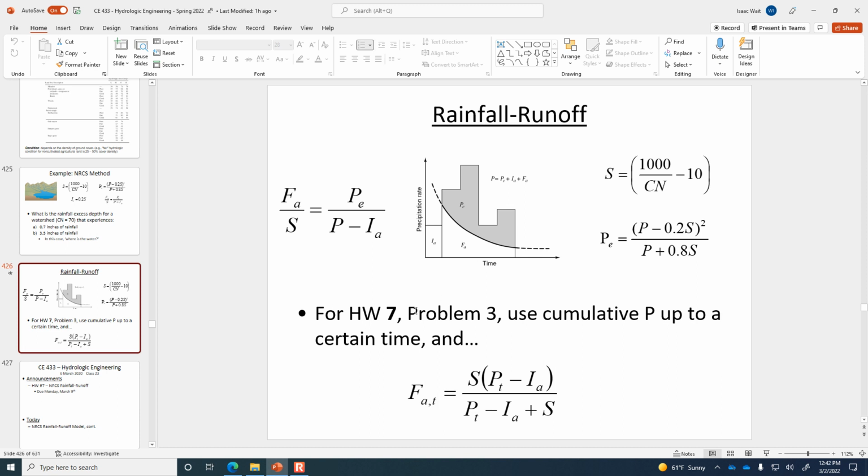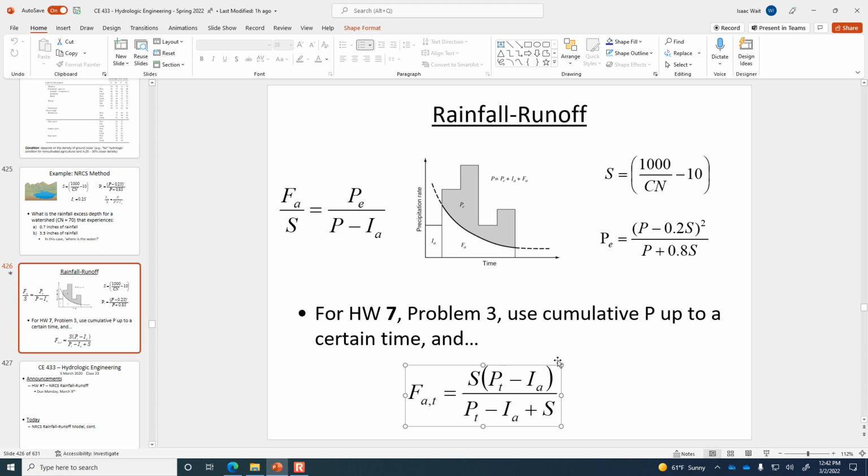On the homework that I've just posted, assignment 7, there is a question on problem number 3. What you can do on that problem is find out how much precipitation there's been up to a certain time, and use this method to predict how much infiltration there will be up to a certain time.